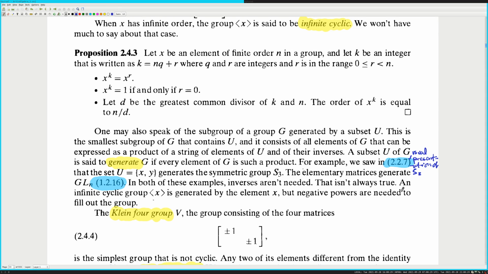What page is that? Oh, 2.2.7. I meant to get the page number. Let me get that. It's page 42. 1.2.16. It's page 15.